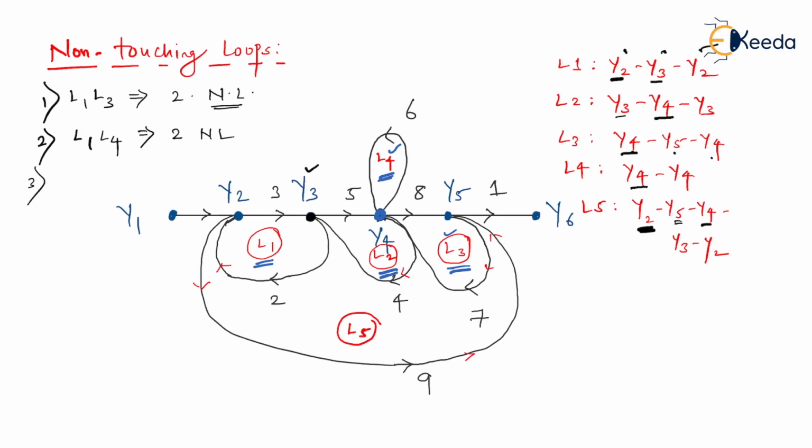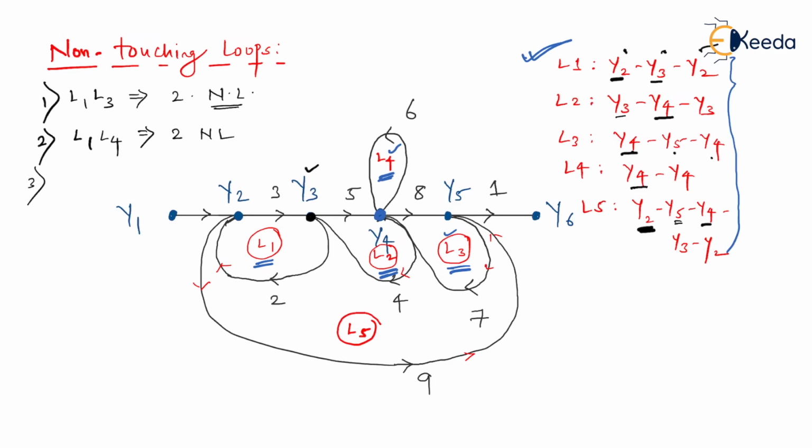But then you have to adopt this method. You have to always see the nodes, because most of the time, from the GATE point of view or any competitive exam point of view, you will see that there are complex SFGs in which it is not possible with naked eyes to come to a conclusion about which are non-touching loops and which are touching loops.